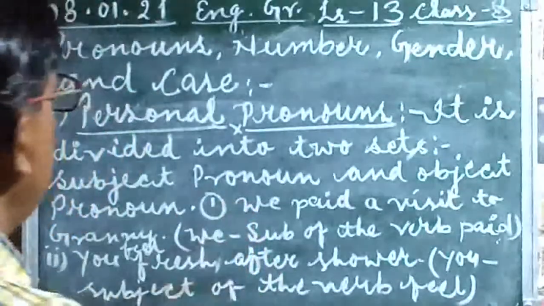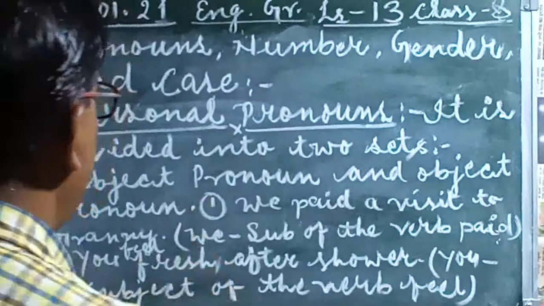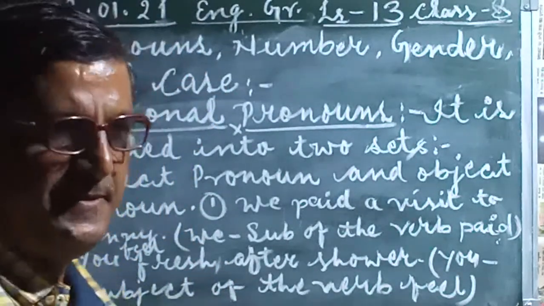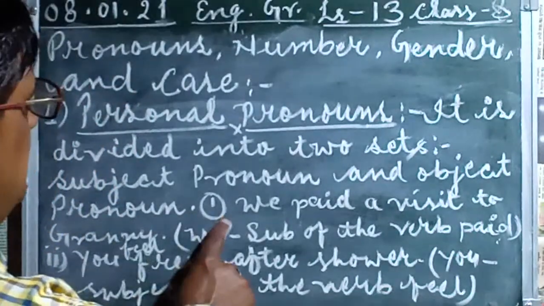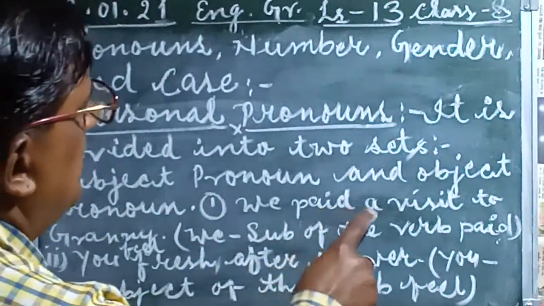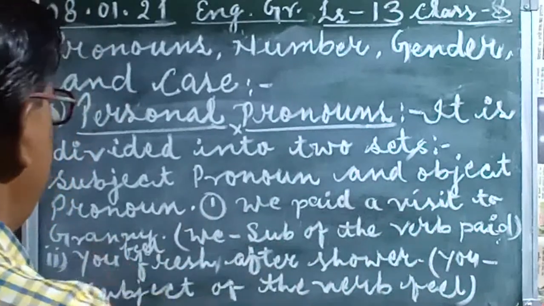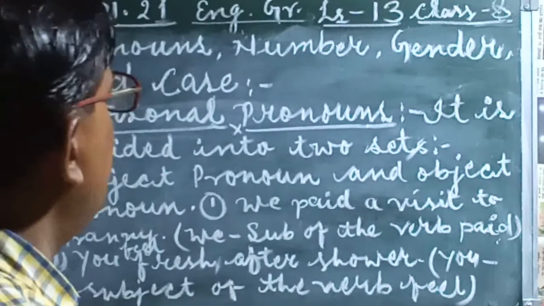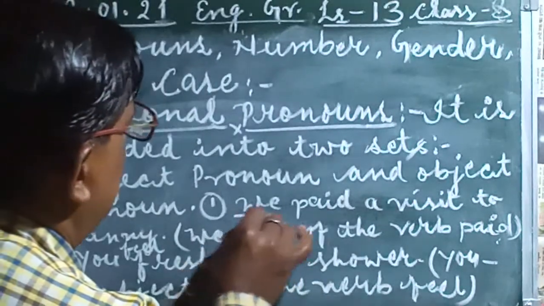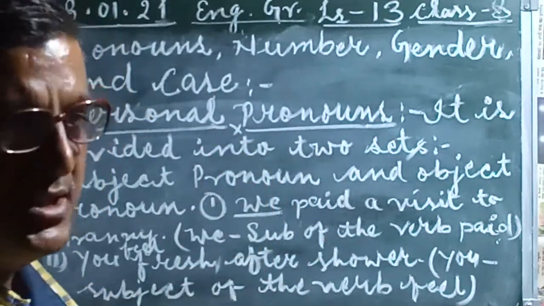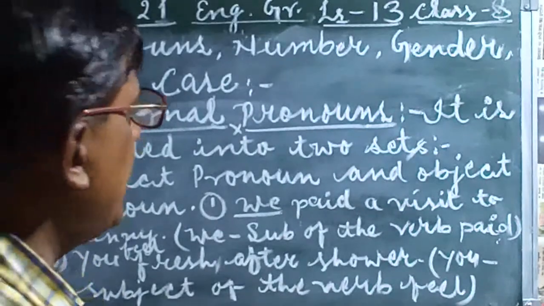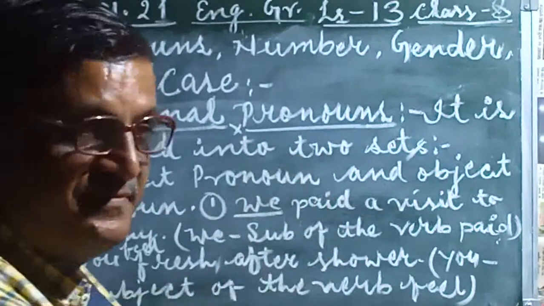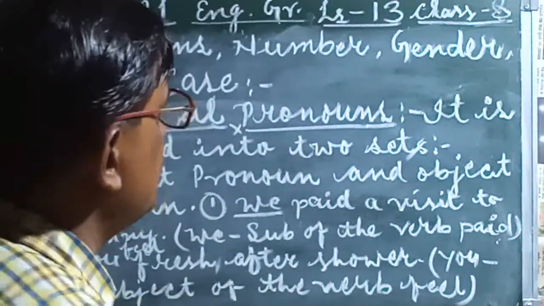First of all, I am taking two examples so that you are able to understand. Number one: we paid a visit to Granny. What is given here? We, W-E. This is a pronoun, and it is used here as a subject in the sentence.